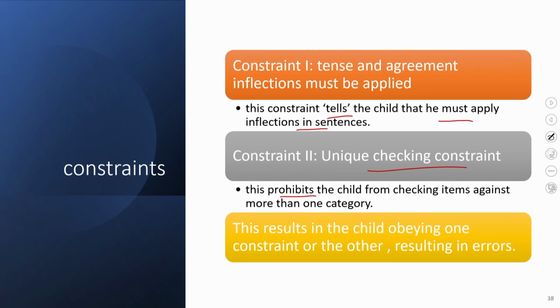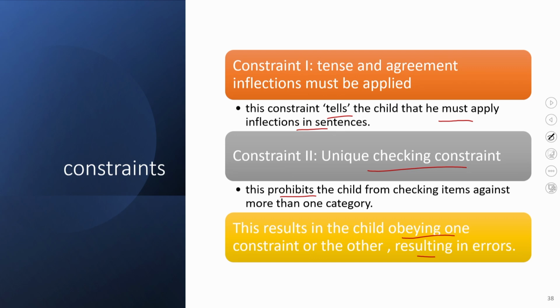So, this results in the child obeying one constraint or the other, resulting in errors. Because two constraints are working at the same time in the child's mind, sometimes the child obeys constraint number 1, sometimes constraint number 2, resulting in error. That is why sometimes they do not mark the inflections properly.